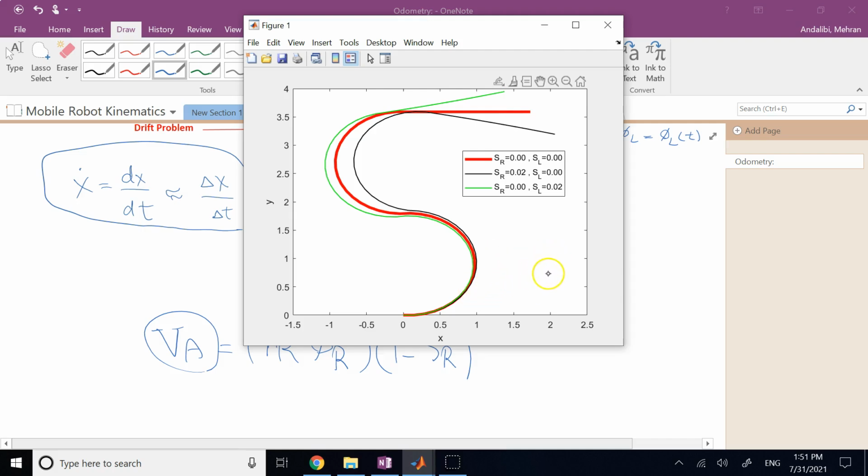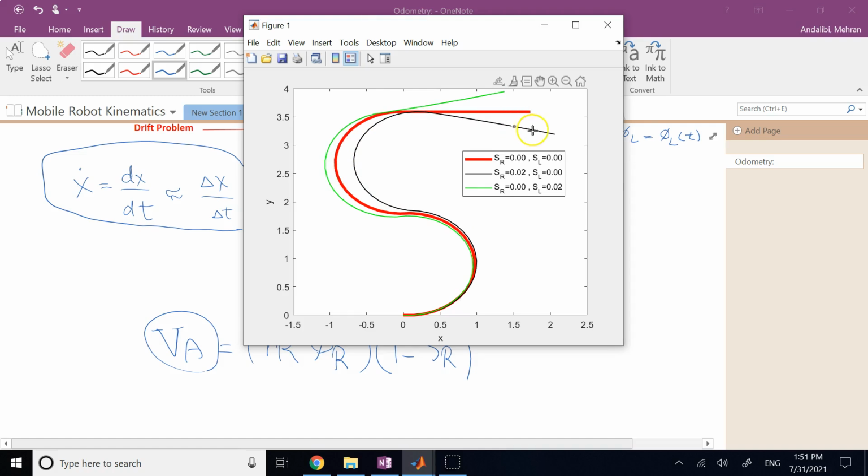If that's the case, my right tire is moving less than it should, and instead of my robot moving on this path properly, my left tire is going to go faster than expected, right tire less. So my car is going to be tilting to the right. It is going to do a little bit more clockwise rotation, and that's what you see.